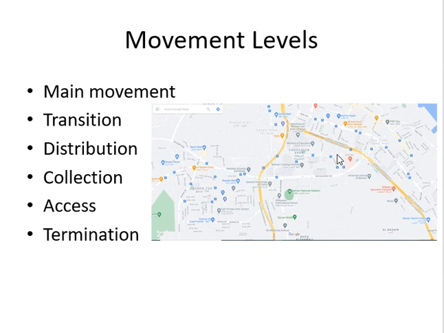Distribution and collection: when you go towards your destination now. Distribution is the highway which will take you towards your destination area, and collection is the highway or the road which is inside your destination area. And access is basically the local street which will take you to your final destination, to the door.